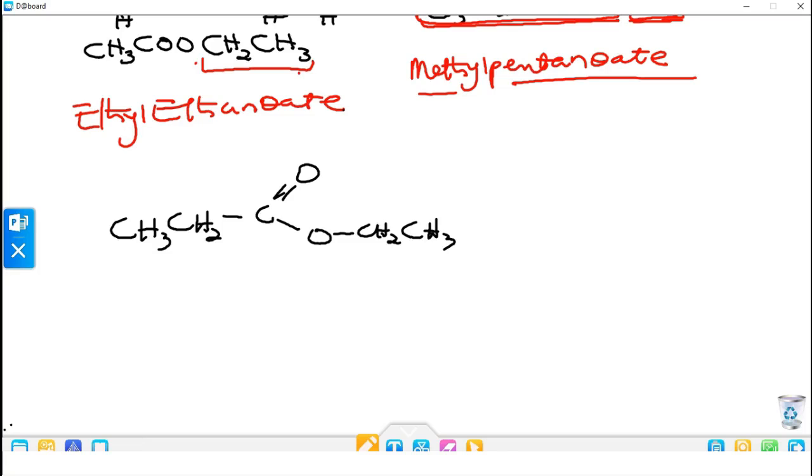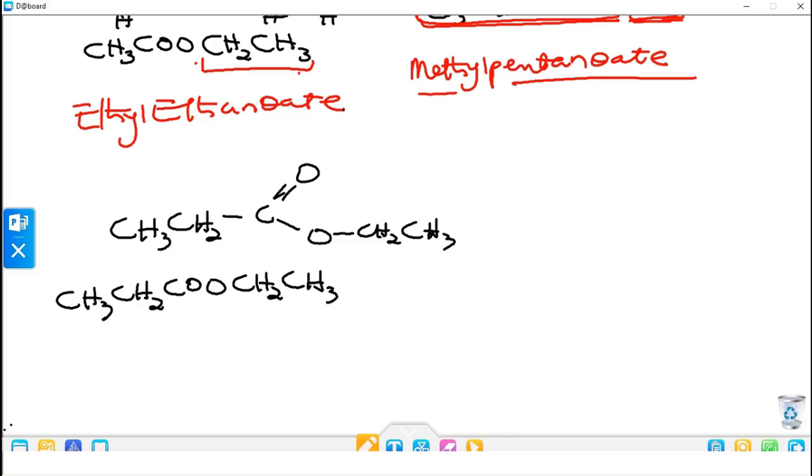Let us get to understand this vividly. To understand why it is ethyl propanoate, let us write the condensed formula as we have always been doing. So it can help us understand very well how to name the compound.